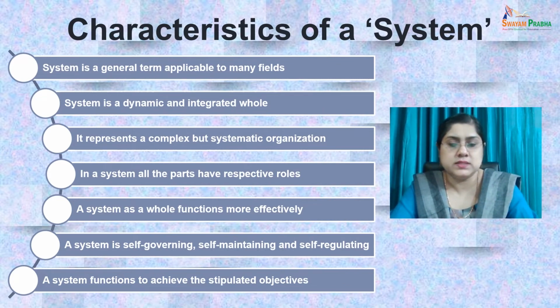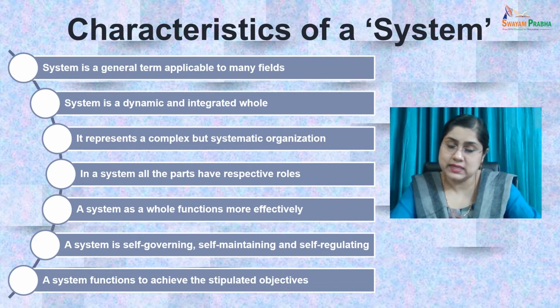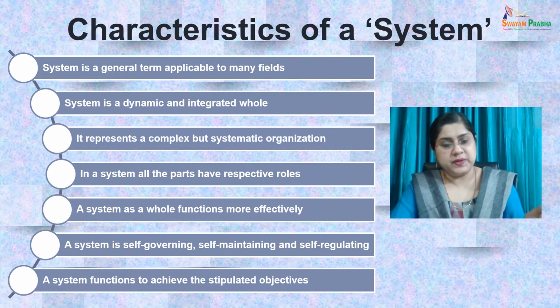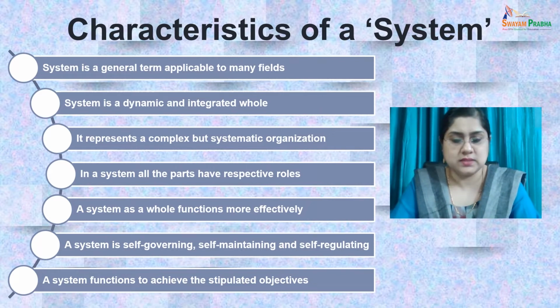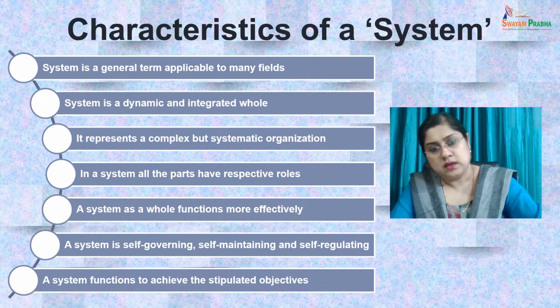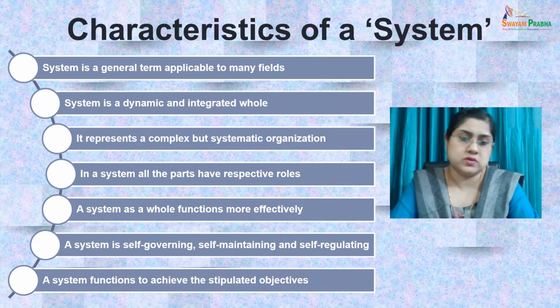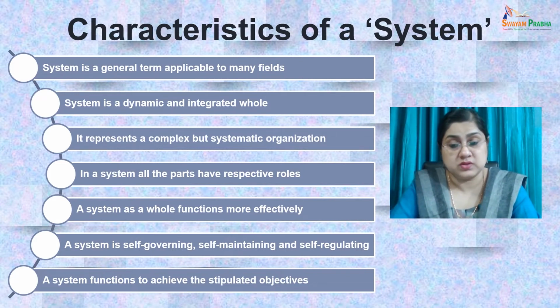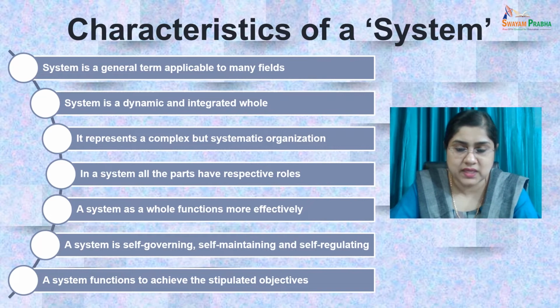Like in the case of an educational institution, the aim is to educate the students. So the entire system, since the beginning, and once the school or college starts, aims at providing the best possible education to the children, which is the stipulated objective already framed in the beginning.